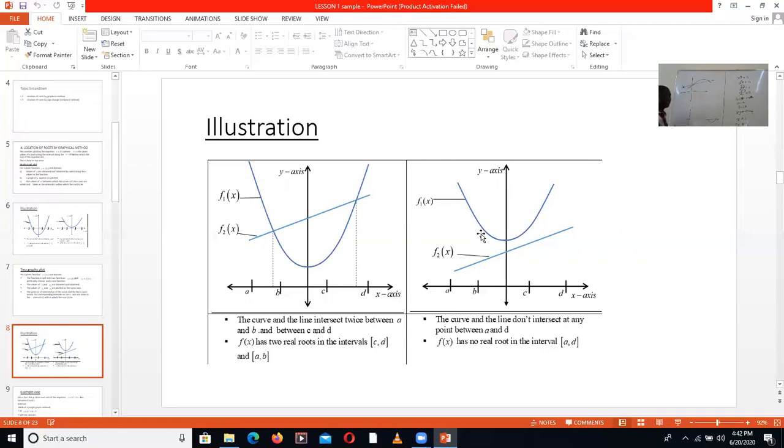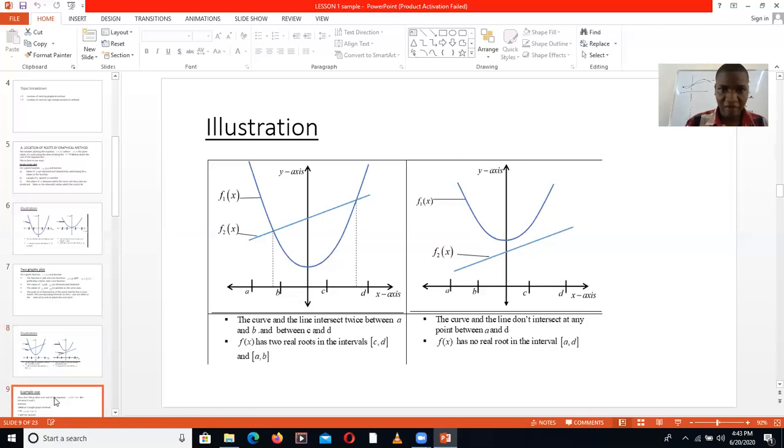That confirms that the function we split has 3 real roots. So in this case, the number of times the lines intersect gives you the number of roots that a given function has. I think that is clear.